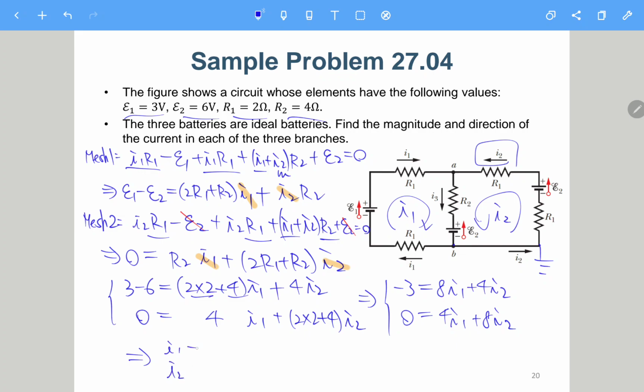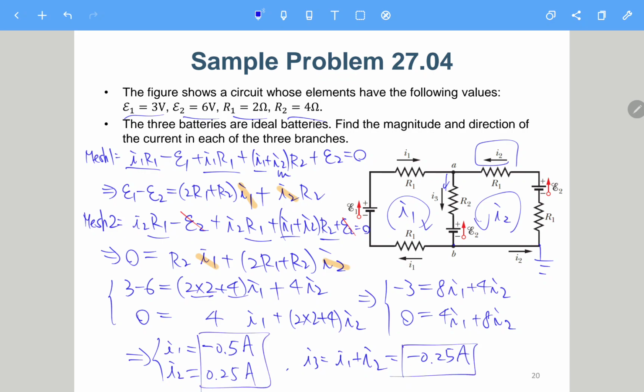I1 equals negative 0.5 A, and I2 equals 0.25 A. And then finally I3 is this one, so it will be I1 plus I2, which is actually negative 0.25 A. So all these three are the answer.